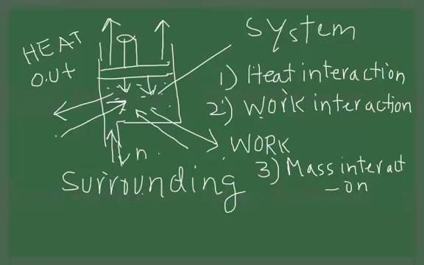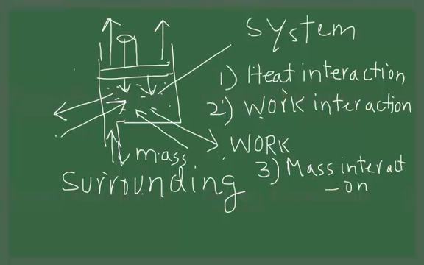So if mass is moving from surrounding into the system, or if mass is moving out from a system into the surrounding, in both cases we say that we have a mass interaction between system and surrounding. So let's see different types of system on the basis of these three interactions.